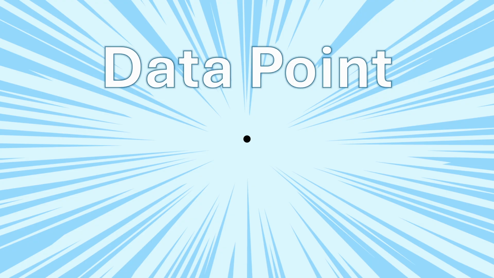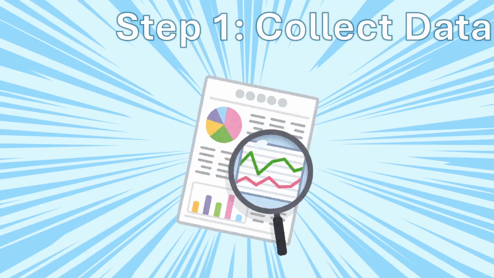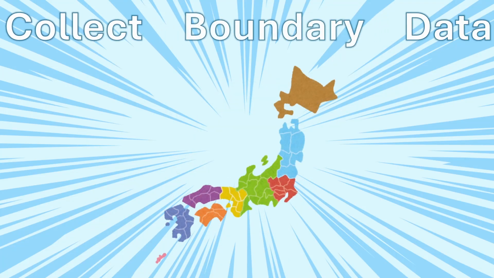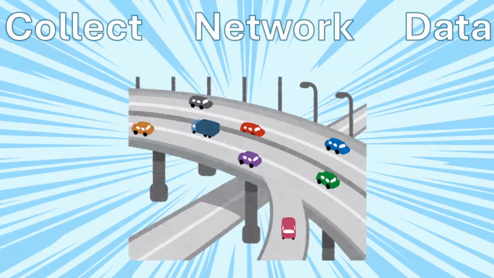You see, usually when I make these GIS videos, the first thing I do is collect spatial data. You know, that's all types of data. It's elevation data, boundary data, network data, and so on. But here is where we find our first problem.